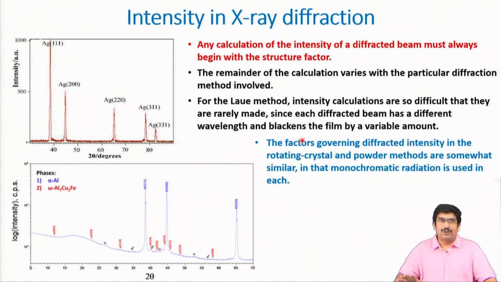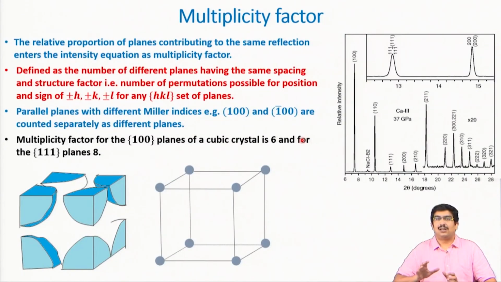So, we will not go into that. At present, the most popular X-ray diffraction method is the powder diffraction method or solid sample diffraction method, and we will be discussing those factors where monochromatic radiation is used and we are getting the X-ray intensity in a real detector. There we will see how the different factors modify the intensity.